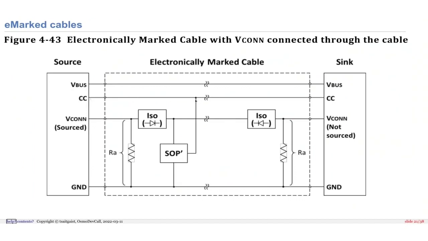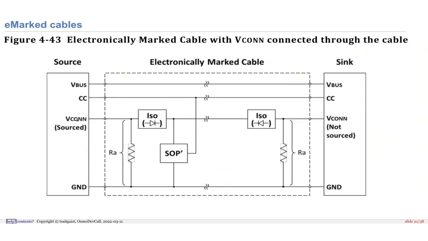And on the CC wire, this small chip can talk the power delivery protocol and can say, okay, now I'm an electronically marked cable, and I can source up to 5 amp. So you have to ask this chip over this line.